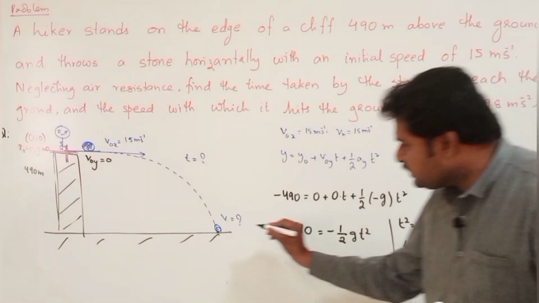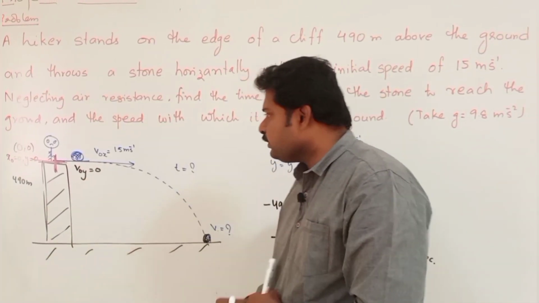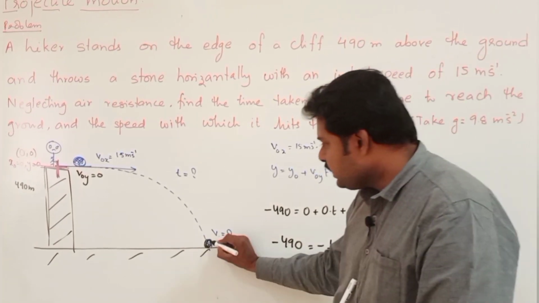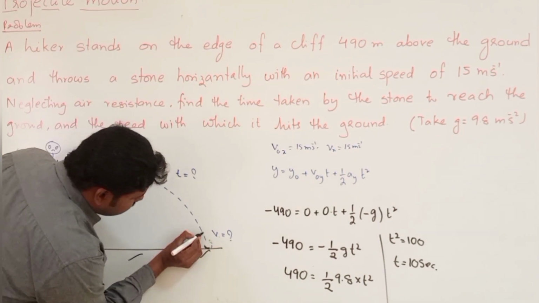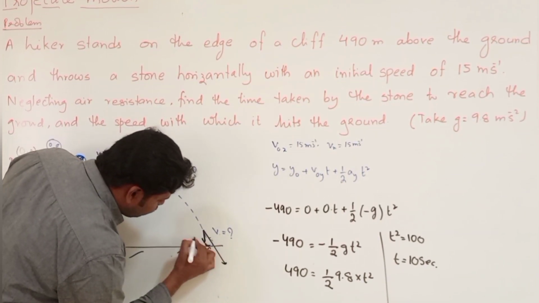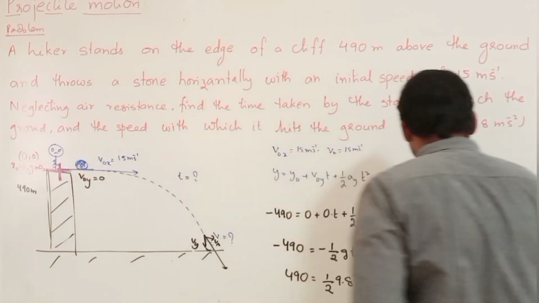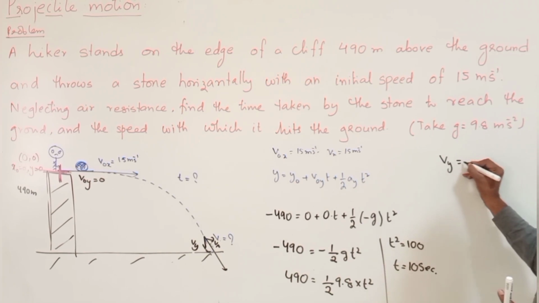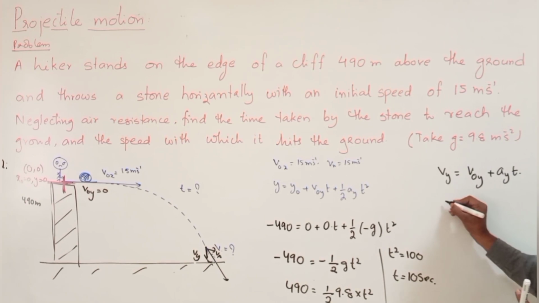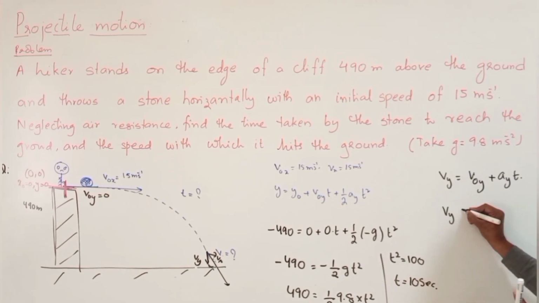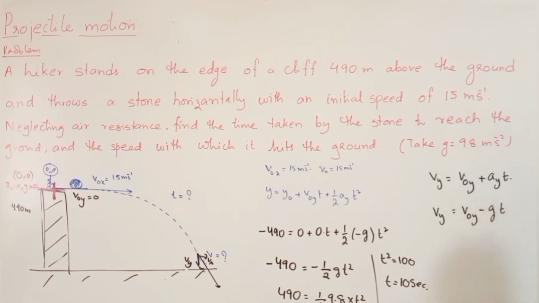Now, what is the velocity here? Initially, the y component of velocity is 0, but here the y component of velocity is not 0. If you consider this, this is a vector, and this is vy and this is vx. Now, final velocity vy is equal to v naught y plus ay into t, so vy is equal to v naught y minus gt.